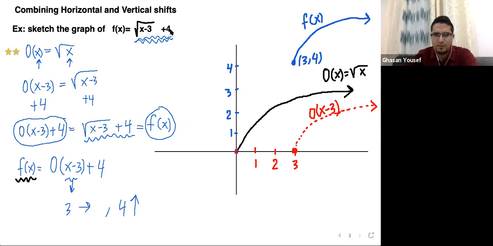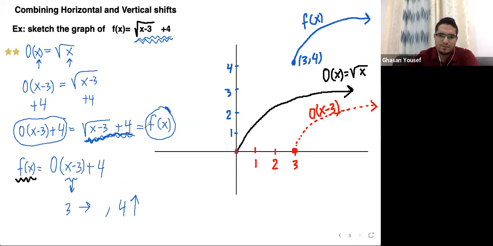Now to get a plus 4, you have to add 4 to both sides: g of x minus 3 plus 4, and the radical of x minus 3 plus 4. Now you get g of x minus 3 plus 4 equals the square root of x minus 3 plus 4. And this side, if you go back and look, is exactly similar to this, and this is f of x. So this equals f of x.